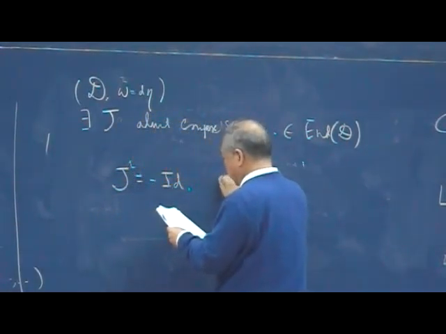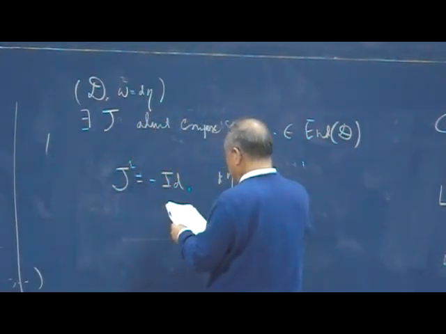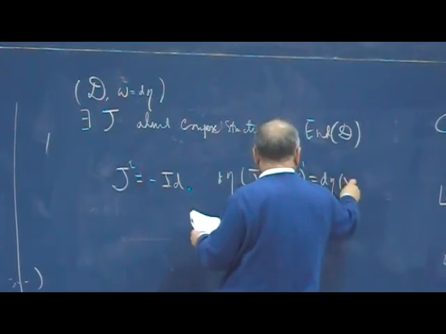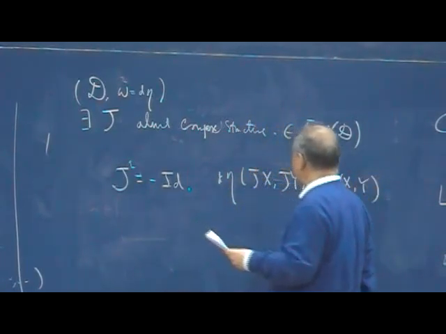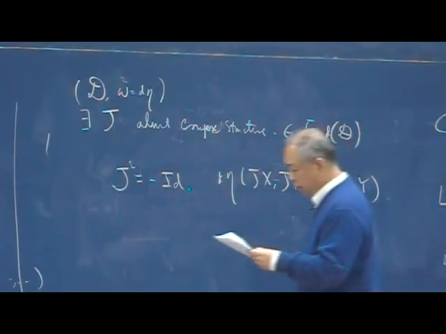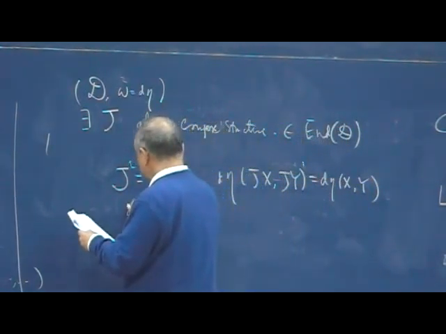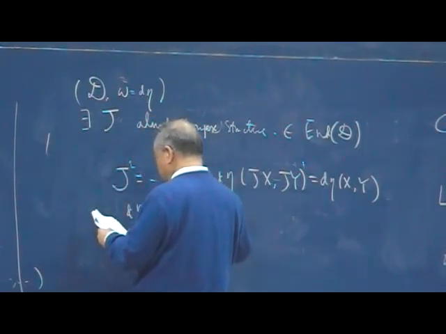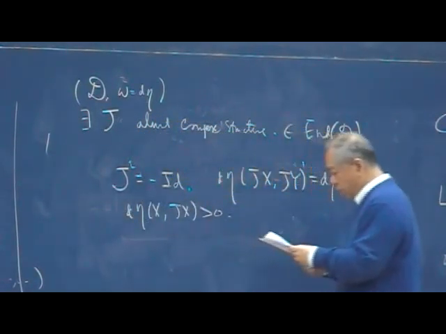And also d eta(Jx, Jy) equals d eta(x, y). So you extract the symplectic form, just like the Taylor geometry case. And d eta(x, Jx) should be positive.